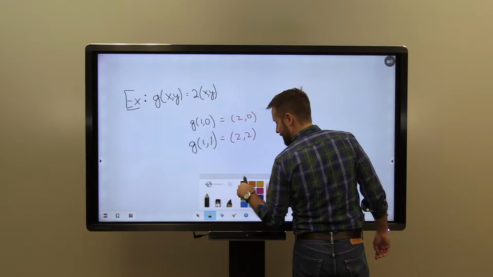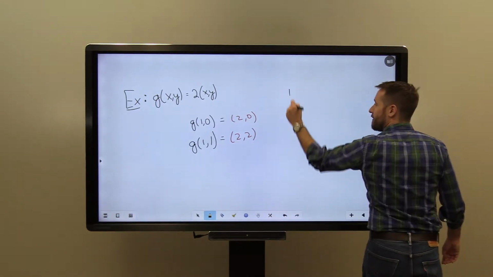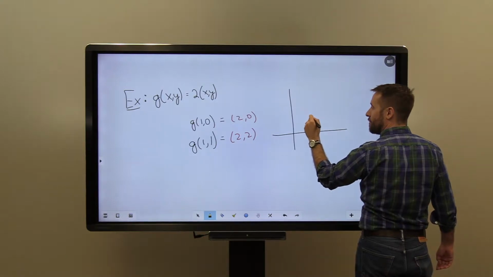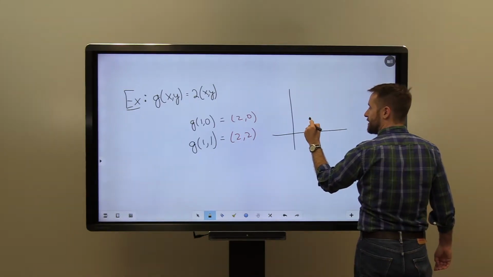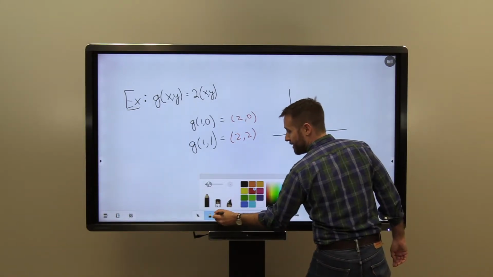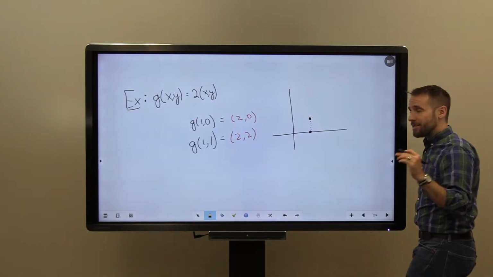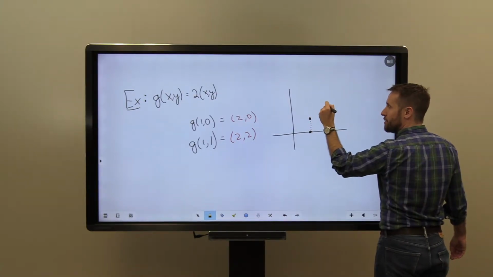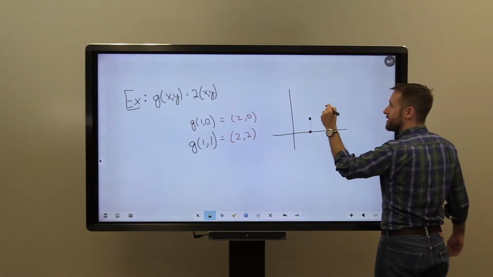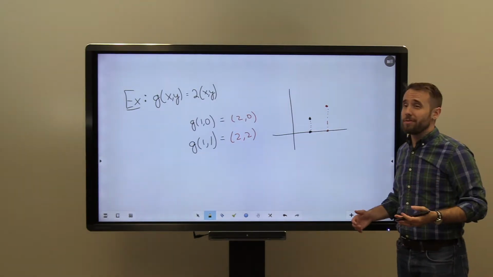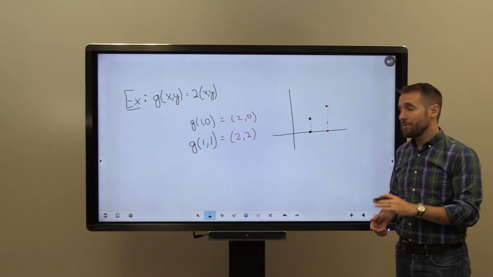If we go to graph this, I had the point 1, 0, I had the point 1, 1, I have the distance between them, and then I plug each of those points into the function, and what I'll get is the point 2, 0, the point 2, 2, and the distance between them. And we can see that distance has not been preserved here. This is not an isometry.